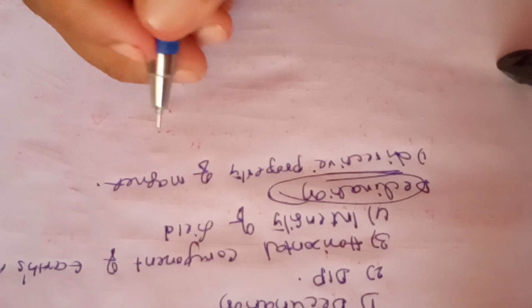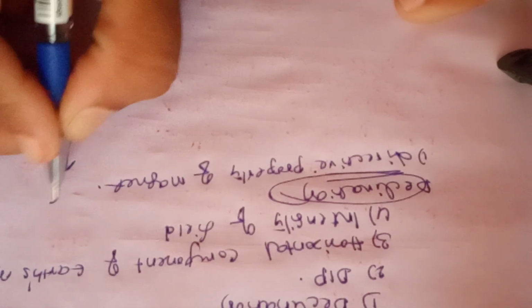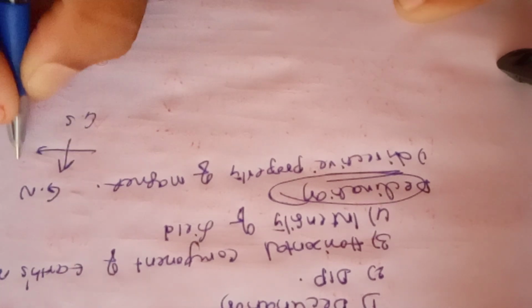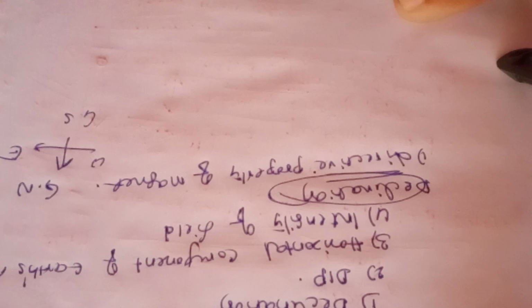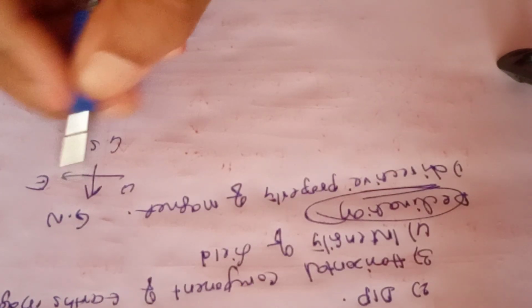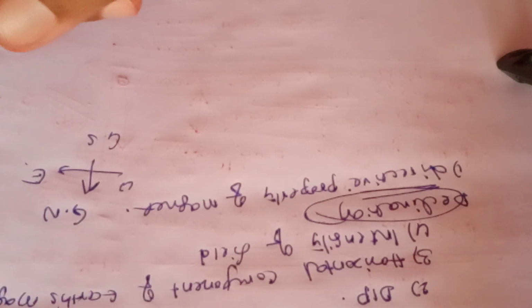Directive property of magnet means, we know that we are having geographical north, geographical south, east, west. For Earth we are having four sides: east, west, north, south. Right?